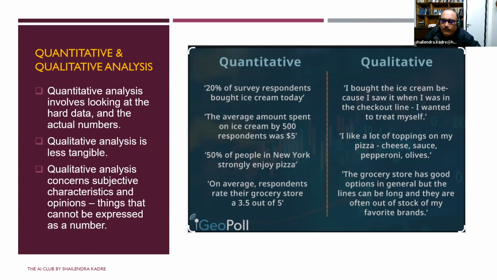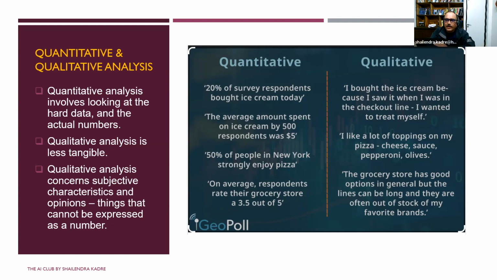When we say a lot of toppings, we are not talking about any numbers. It should be filled with good toppings, cheese, sauce, pepperoni, olives, maybe tomato, or some other things. We are talking about a lot of toppings, but not that I want 150 grams or 200 grams of topping on my pizza. Nobody will tell like that.